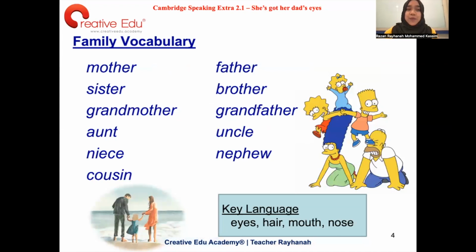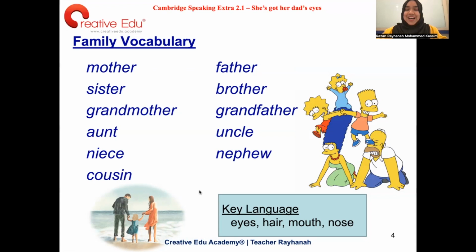All right, so now we are going to read the family vocabulary. And when I read the word, repeat after me, okay? Mother, father, sister, brother, grandmother, grandfather, aunt, uncle, niece, nephew, cousin.